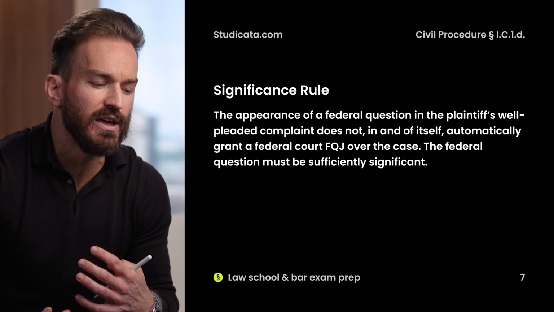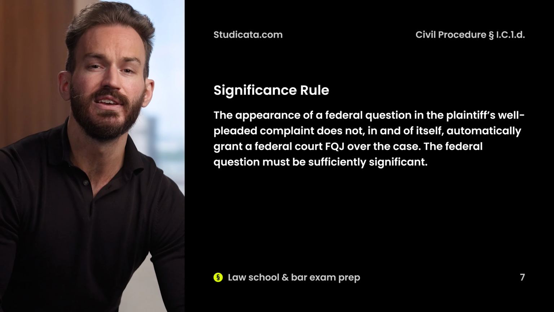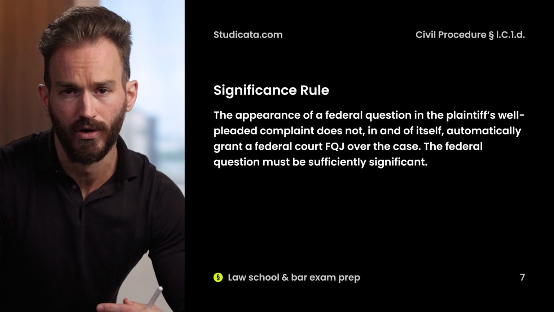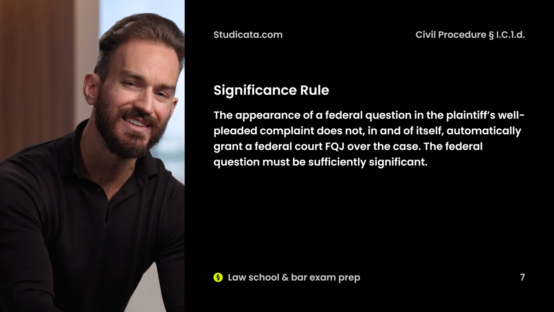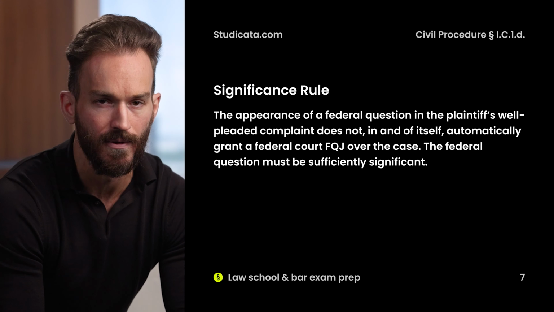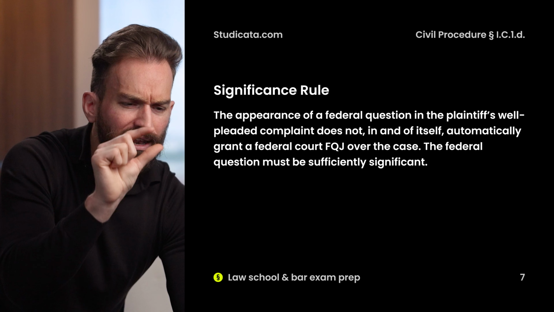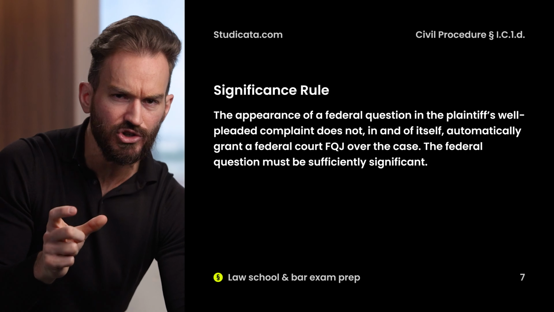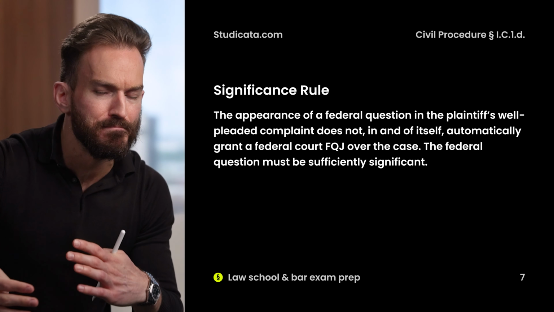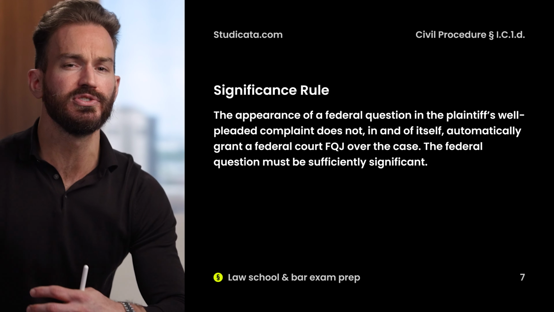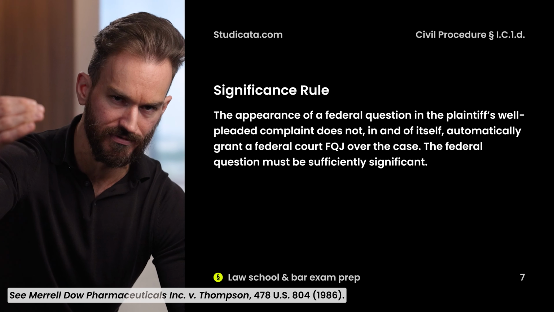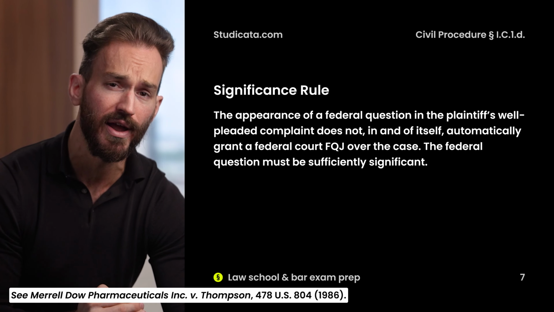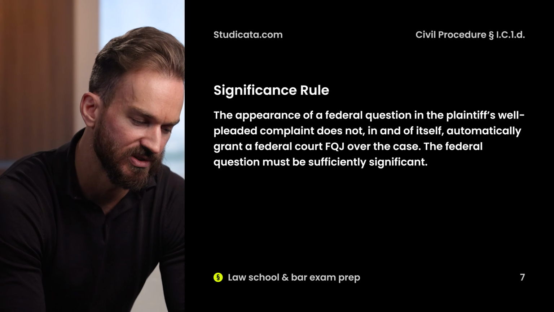Basically, is it sufficiently significant? Is it sufficiently federal? Is it a sufficiently significant federal question? If it's some really tiny, minor federal issue that's just embedded in a state law claim, we'll see sometimes that's not enough to justify conferring federal question jurisdiction.